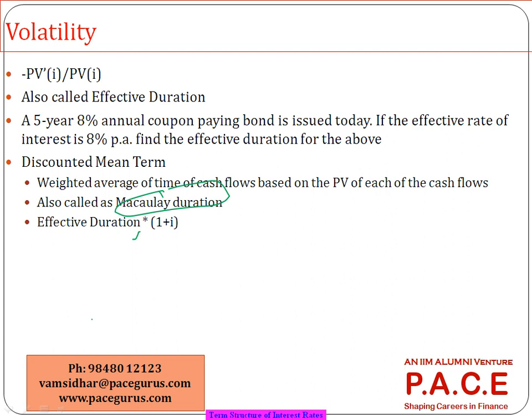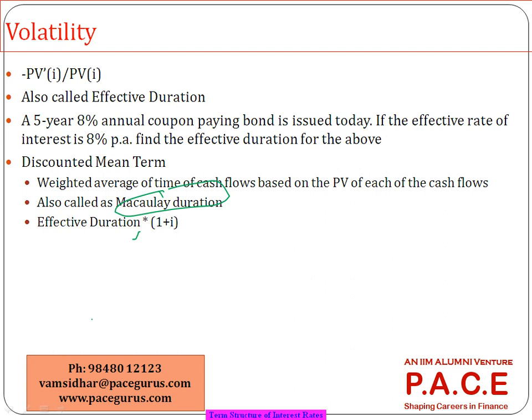Because some cash flow comes after 1 year, some comes after 2, some comes after 3. So what we are saying is different amounts come at different periods of time. So because of that, I'm trying to find out on an average what is the maturity period.